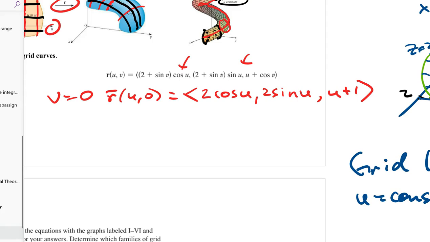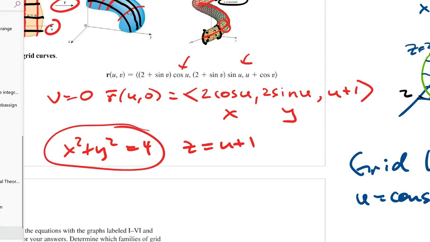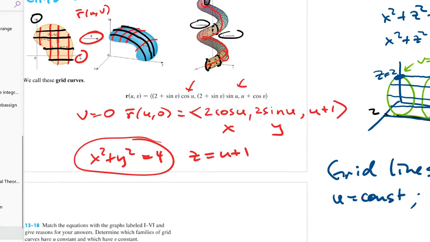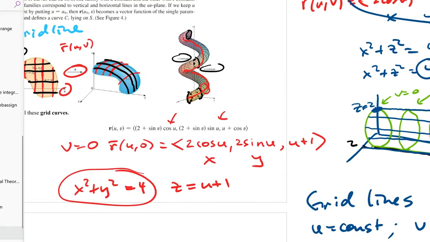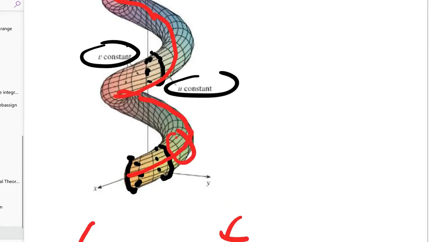So this is x, this is y. x squared plus y squared is 4. And then z is u plus 1, so z varies according to what u is. z is alternately 1, 2, 3, 4, 5, and all the negative numbers too. And x squared plus y squared equals 4. Well, that's just a helix. We saw that before.